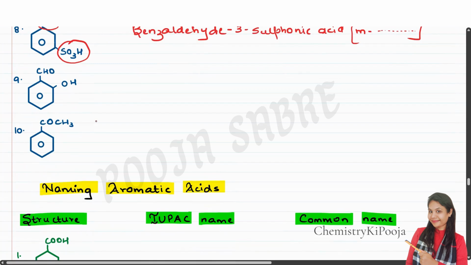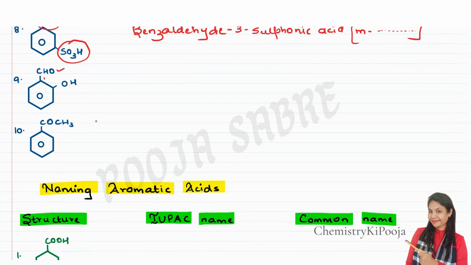Between this aldehydic and OH, definitely aldehyde will be getting more preference, more priority. Over here it is 2-hydroxy benzaldehyde, and then over here it becomes ortho hydroxy benzaldehyde.